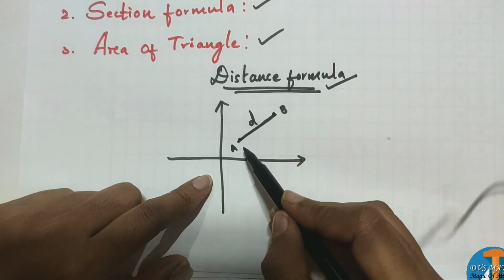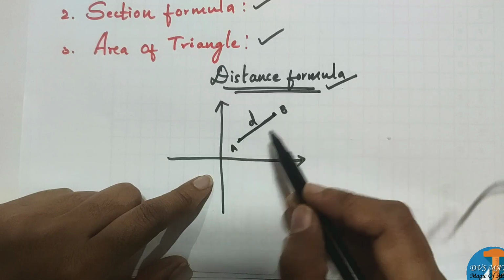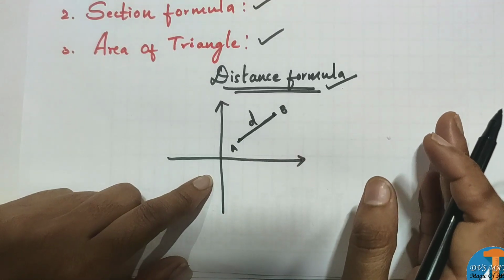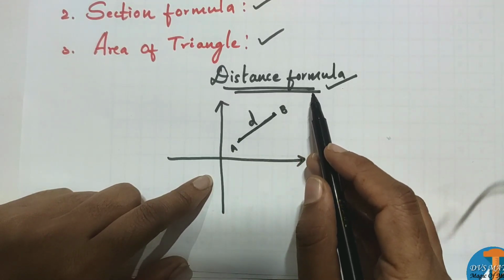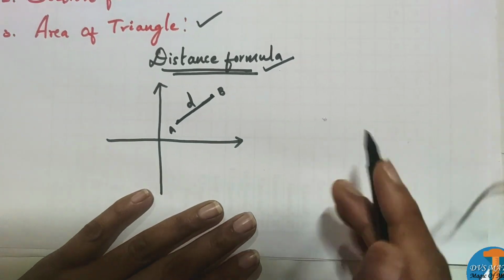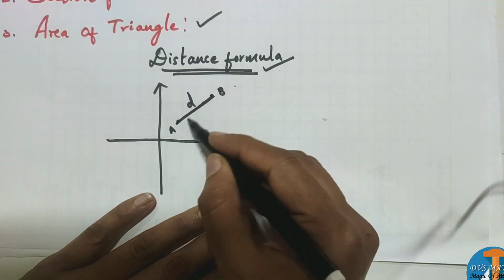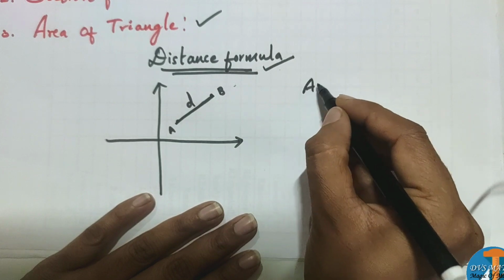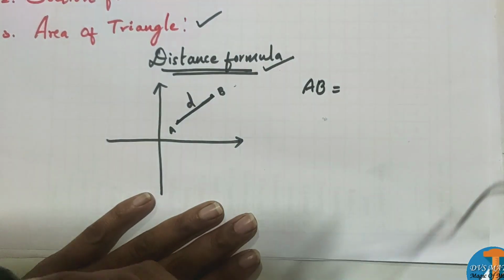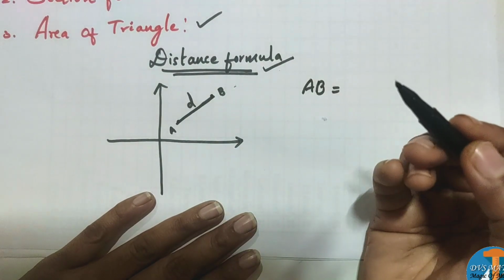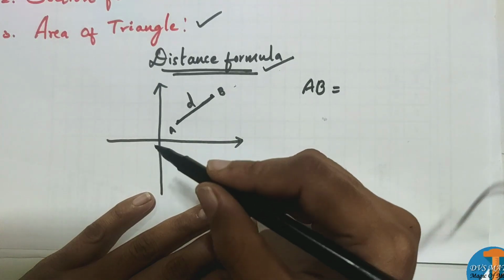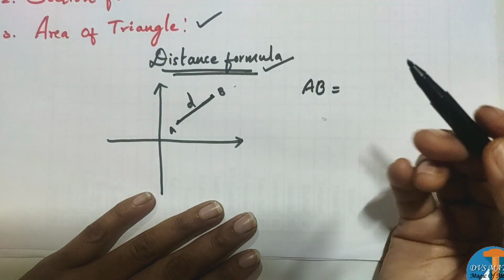So we only have to find the distance between 2 coordinate points, and for that we use the distance formula. What is the distance formula? We have to find the distance between AB, so we write it as AB. If it is PQ, you can consider PQ; if it is XY, you can consider XY. That's your choice.